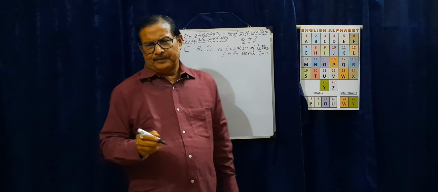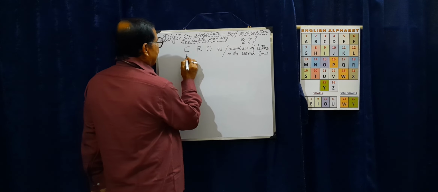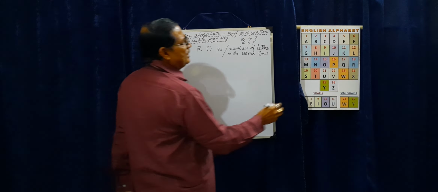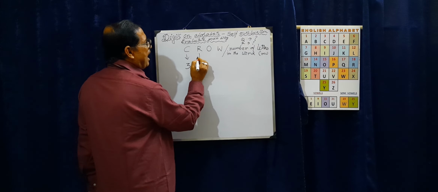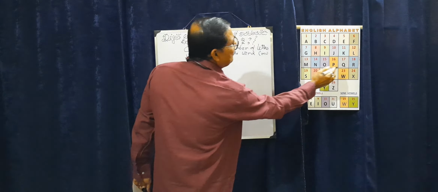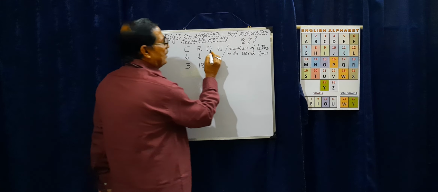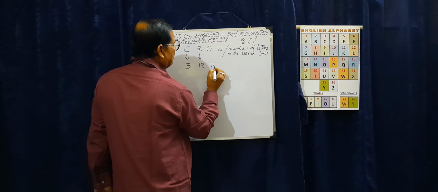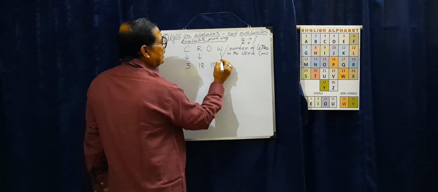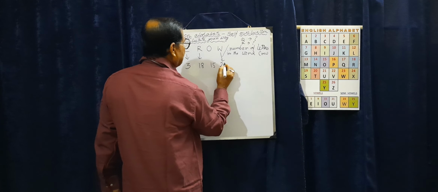Now let's see how we can do it. Crow. C represents which digit? This is 3. R represents which digit? It is 18. And O represents 15. And W represents 23.